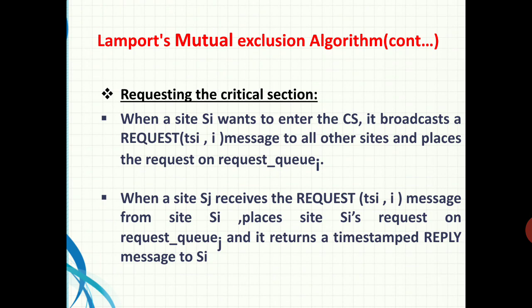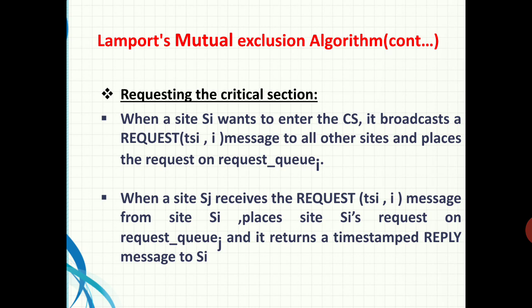When a site Sj receives the request message from site Si, it places Si's request on request queue j and returns a timestamped reply message to Si. That means when a site receives a request from another site, it stores that request on its request queue and returns a timestamped reply message to the sending site.